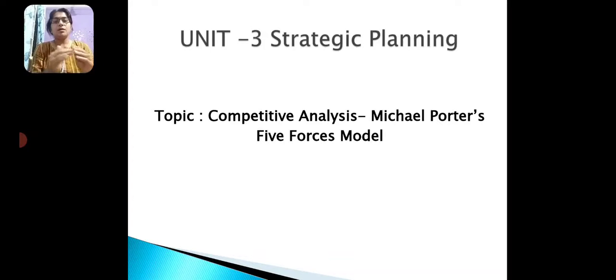So, hope you are clear about the concept of industry and firm. Industry includes all the firms related to one particular product or service. For example, when we talk about the cement industry, in the cement industry you have so many players, you have Ultratech, you have Rajshri, Ambuja cement, Birla Super, so many.